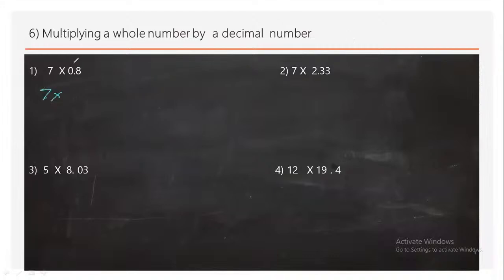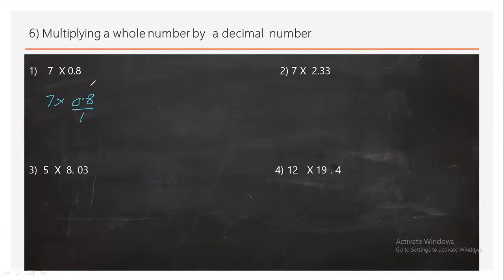7 into 0.8. You can convert this to a fraction with a denominator that is a power of 10. This is 0.8, one decimal place, so the denominator contains 1, 0, then 8 over 10. You can write it like this, right? If it is difficult for you, you can write 7 into 0.8, just imagine 1 below the line.